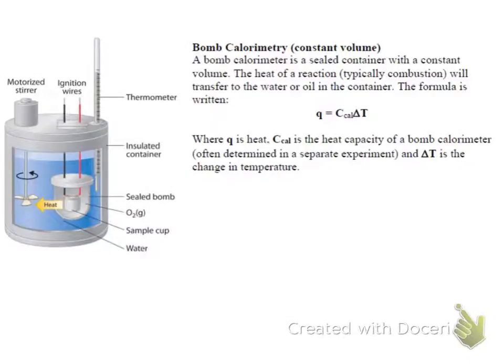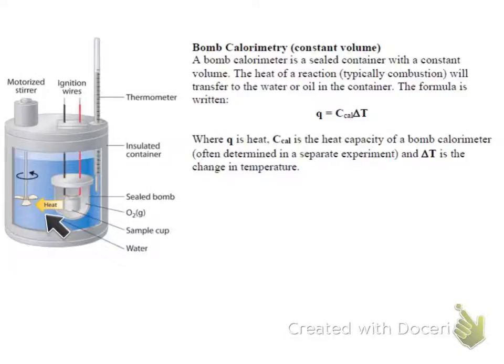There's also something called a bomb calorimeter, and that's at constant volume. So it is a sealed container, and it's made of metal, so it doesn't expand. A substance is added, and it's ignited or burned. And when it burns, it heats up the solution, which can be water or oil or whatever it's made of.